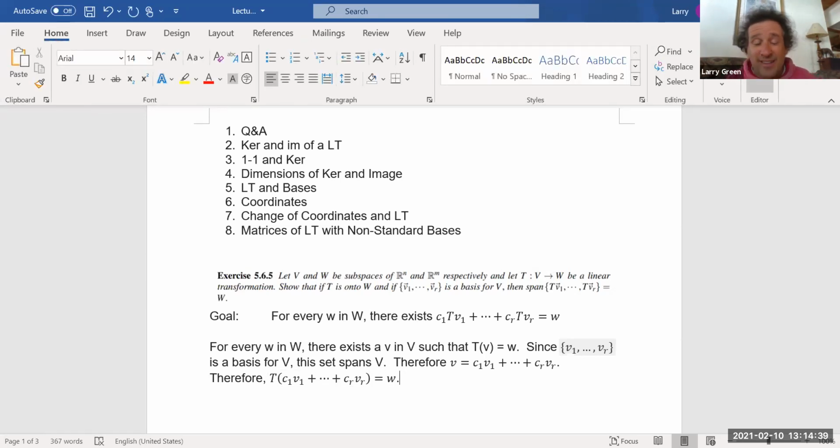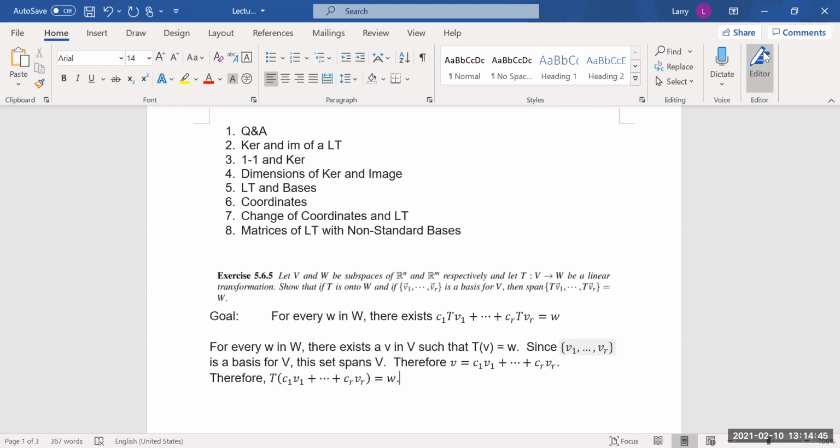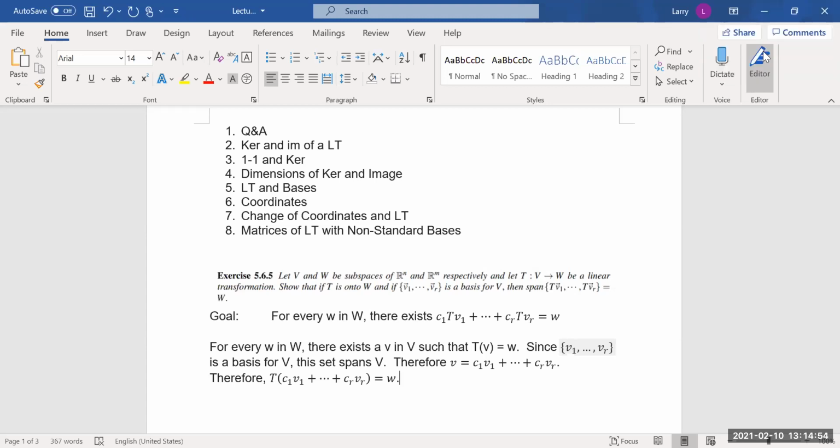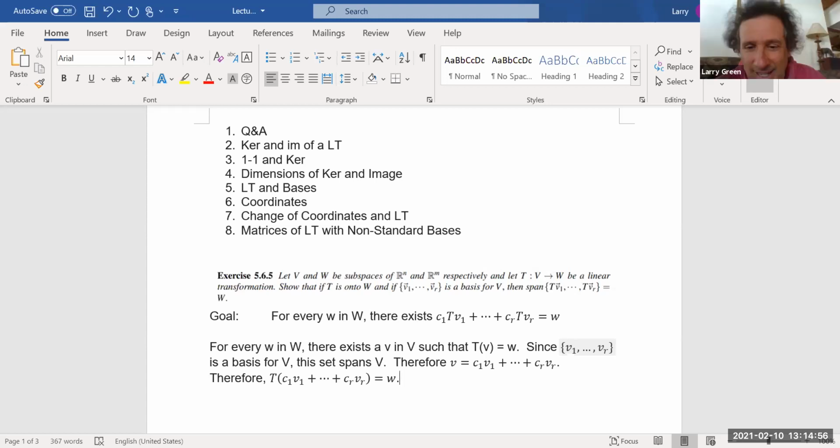Almost done. What's the last thing? What haven't I used yet? Linear transformation. Right. T is a linear transformation. So what does that mean I can do when I have T of this big summation thing? That means you can distribute it to every term. Exactly. And then I'm done.